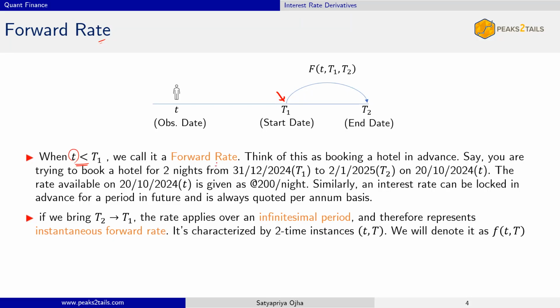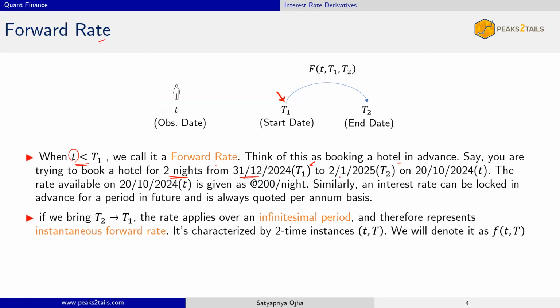Now, just to think of an analogy, right? You can easily understand this. Think of, you're trying to book a hotel in advance. All right, suppose for the new year that's coming, you're trying to book a hotel for 2 nights, starting from December 31st, which in our case would be T1, the starting period of your holidays.